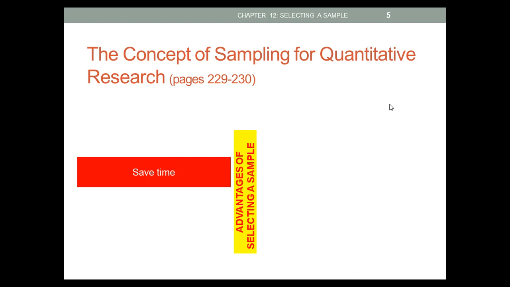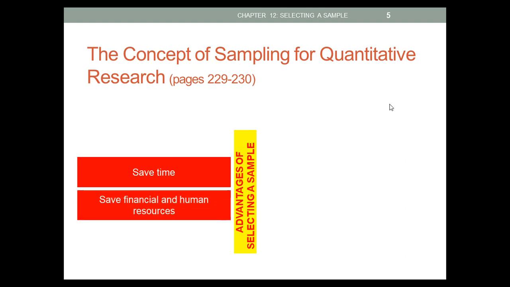So let's go to some advantages of selecting a sample. It's obvious that by talking to a small group of students, or small groups of voters, or small groups of families, it saves time. That's the first advantage. It also saves financial resources and human resources.